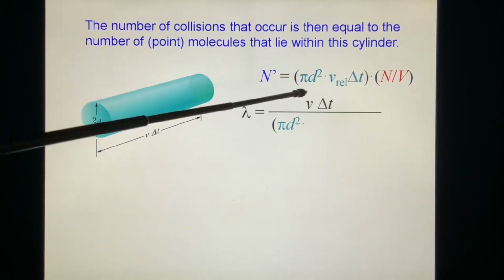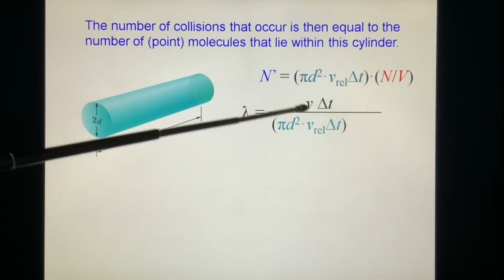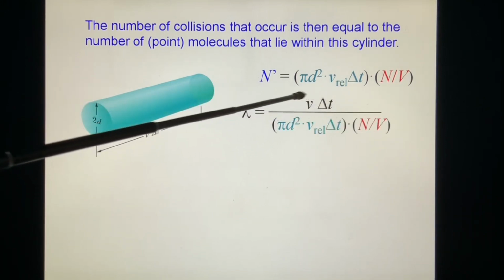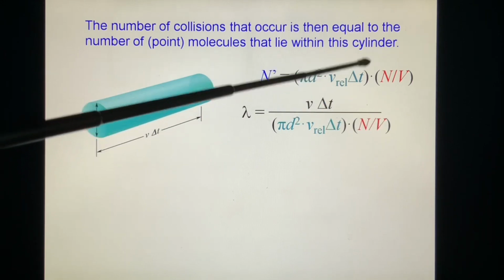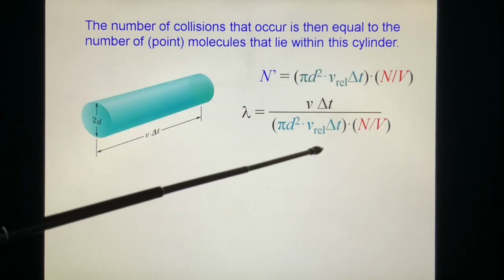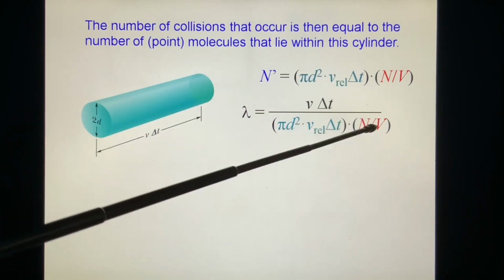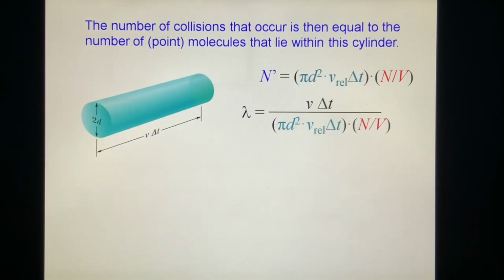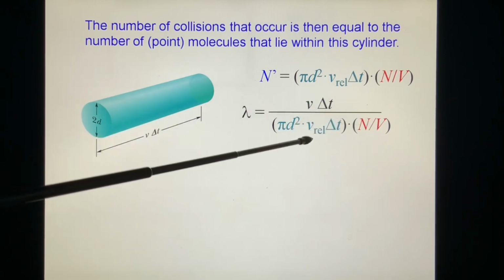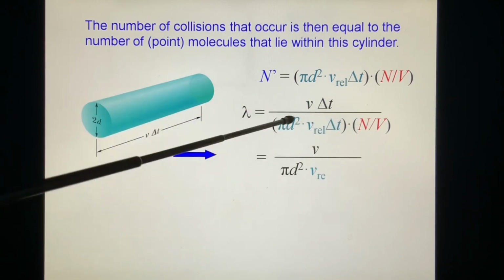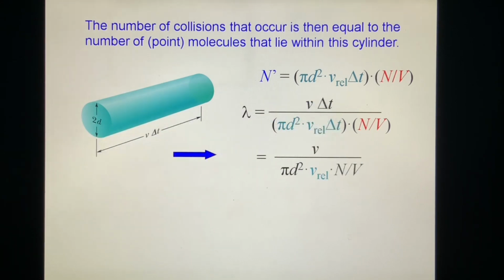So lambda is equal to the length, v times t, divided by the number n, that's the density, okay? And we see delta t can cancel out.